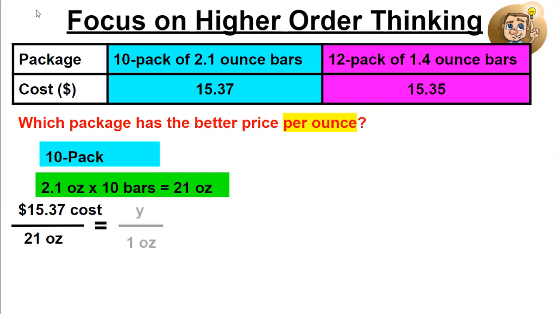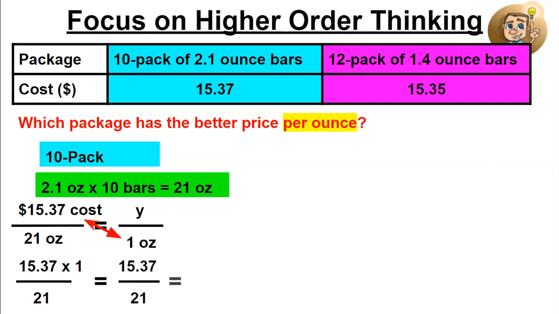And we're going to figure out how much it costs for 1 ounce, our unit rate. Cross multiply and divide by 21. 15.37 divided by 21 equals 73 cents per ounce for the 10 pack box. So it costs 73 cents per ounce.